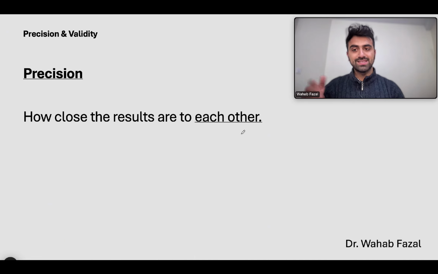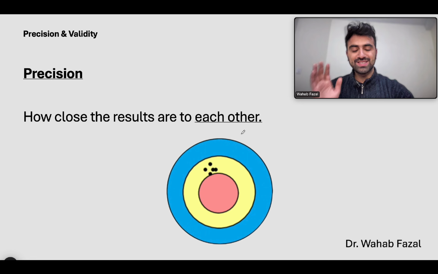The other time, the same test gives the value of 150. And again you try it and it gives you a value of 200. That means these values are not very close to each other. On repeated measurements, it gives very different values. A test is said to be precise when you do the measurement again and it gives 100, then you try it again, it gives 101, and then you do it again, it gives 100. So this is what precision means.